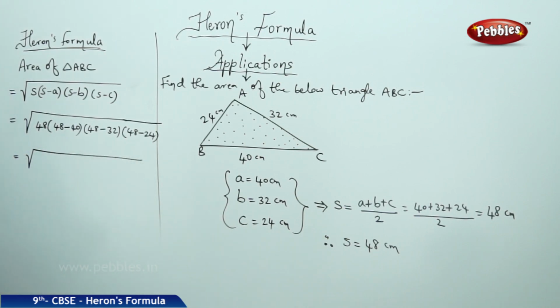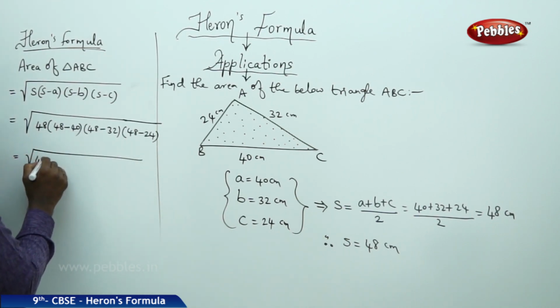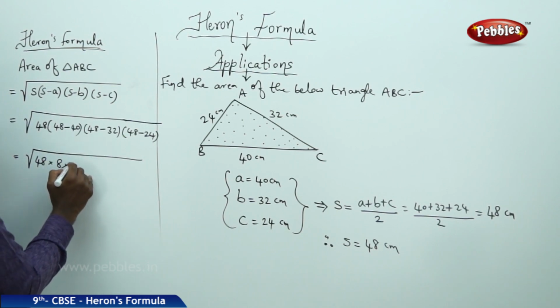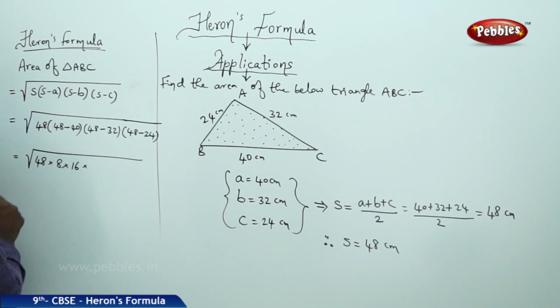So this on further simplification gives times 8 and 24 is what we get.